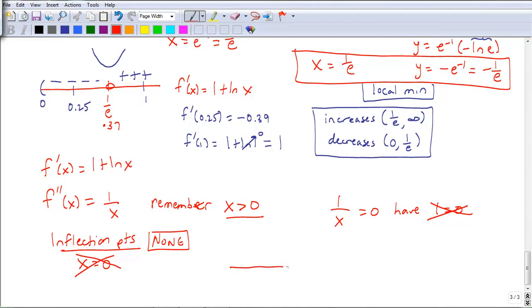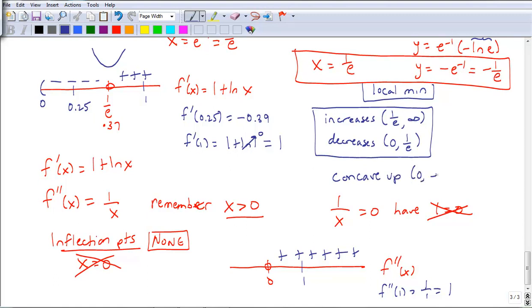We can figure out whether it's concave up or concave down by checking the second derivative. If I plug in a test point like 1 into the second derivative, I get 1 over 1, which is a positive 1. So it's concave up from 0 to infinity.